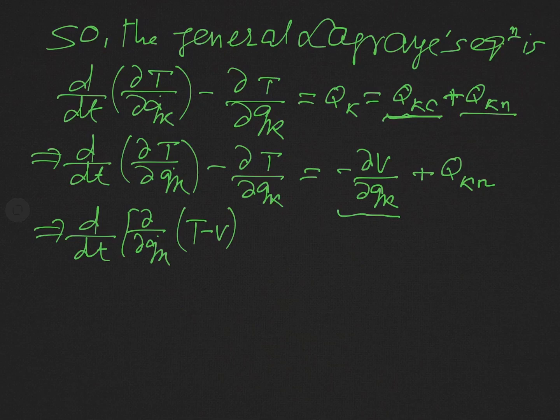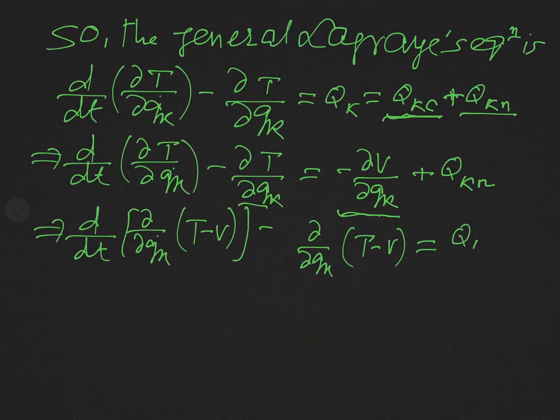The reason behind it has already been explained above. When we combine this term and this term in the LHS, our result will be del qk (T minus V), and this is equal to what? This will in fact be equal to Qkn.